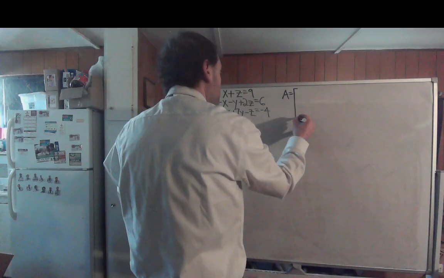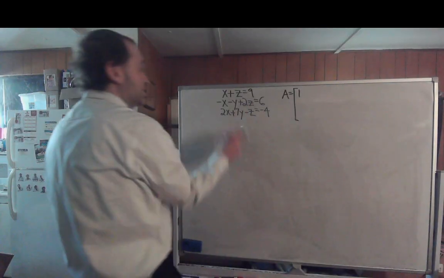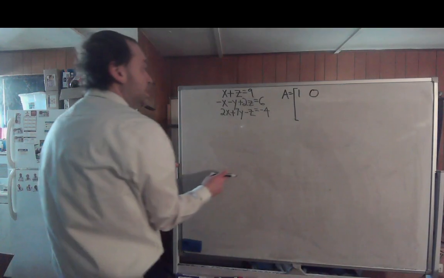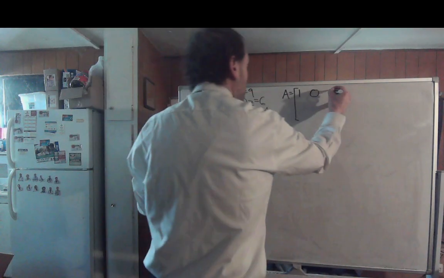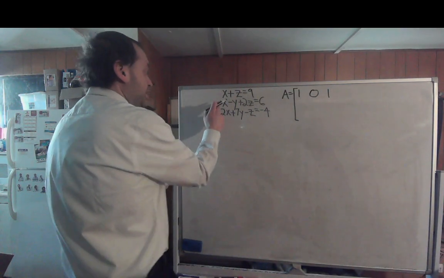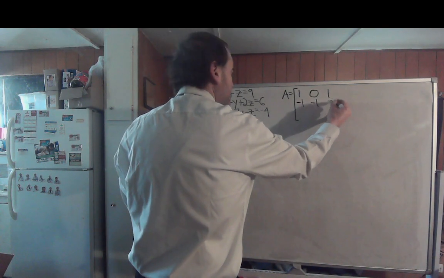Matrix A is the coefficients of all your variables, so the first row you'll have 1. There is no y entry, so the default entry for that will be 0. And then your z has a 1. And then you have your second row, you'll have negative 1, and 2.